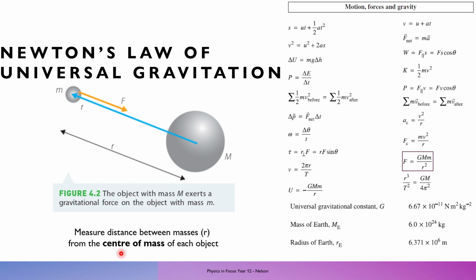So when we're talking about something like a planet or a star, for example, we need to take into account not just how far the object is away from the star or planet, but also the radius of the star or the planet, as this distance will also make up the value r. So in general terms, the variables which affect the force of gravity between two objects are the distance, how far they are apart.